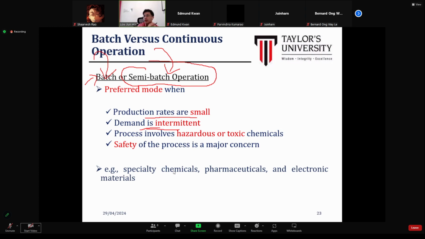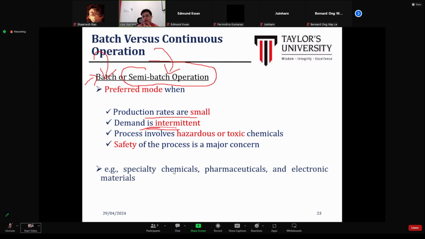Once the product is produced in the unit operation, they will get some of the sample out from the unit operation and pass it to the quality control department to do the quality checking. Once they say yes, the quality fulfills our ISO standard, then only they can proceed to release the product from the unit operation. Then only can it be supplied to the market.